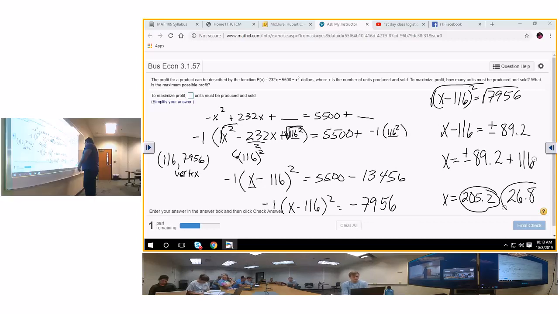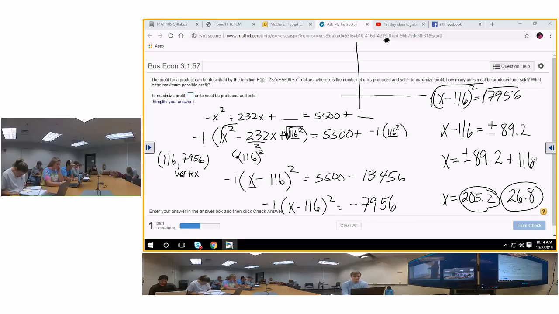26.8. So this function looks like this. What's our vertex? Our vertex is 116 and 8,000. And our y-intercept is what? Negative, is it negative 5,500?